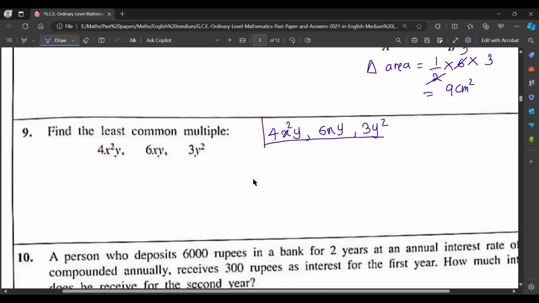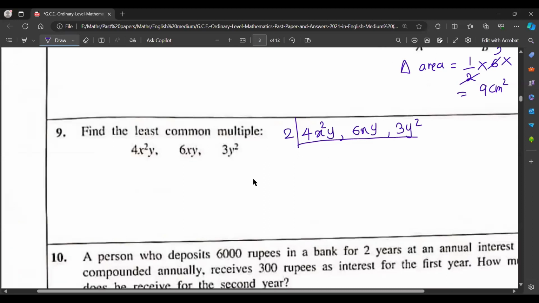Considering the numbers, they have 4, 6, and 3. First of all, you can divide by 2, the first factor.